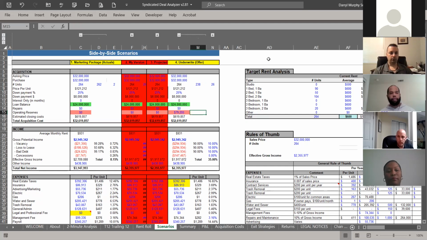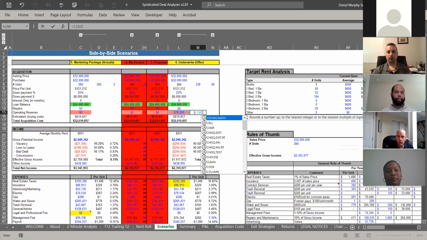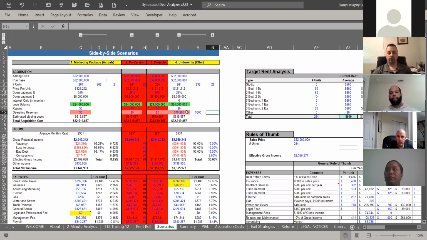How old is this thing, right? So on this particular product, we're coming in at $300 per unit cost for your capex.